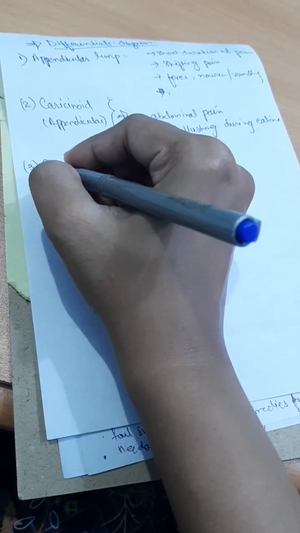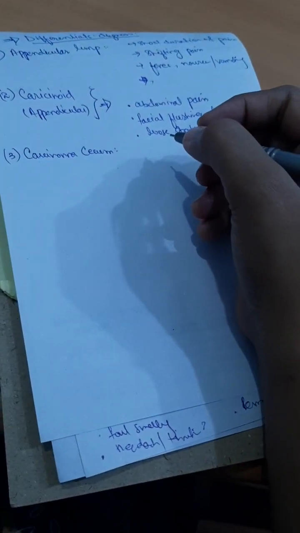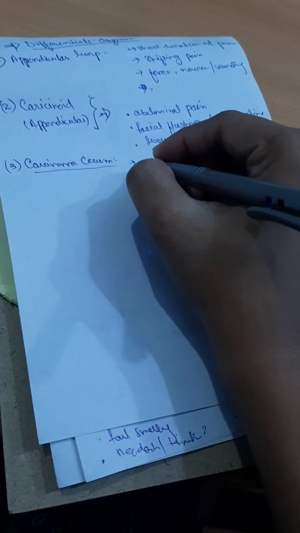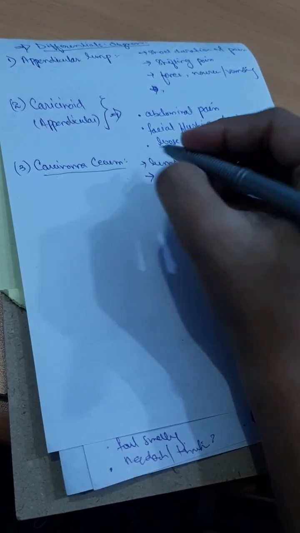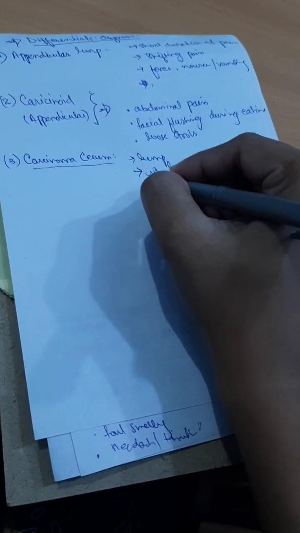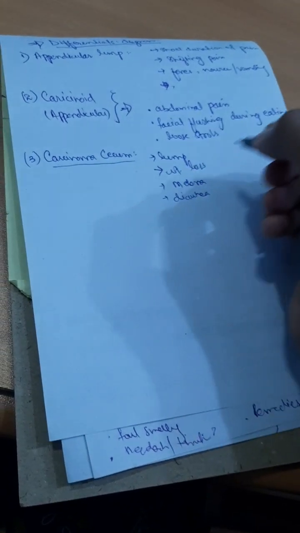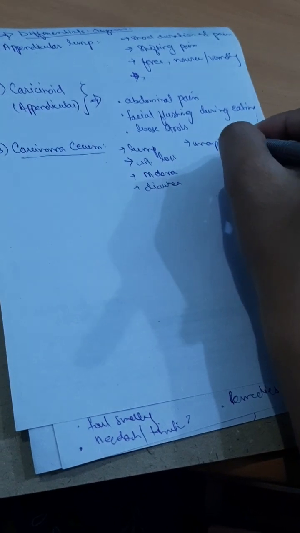Our third differential would be carcinoma of the cecum. So besides the lump, ask about the weight loss, melena, diarrhea, unexplained anemia.